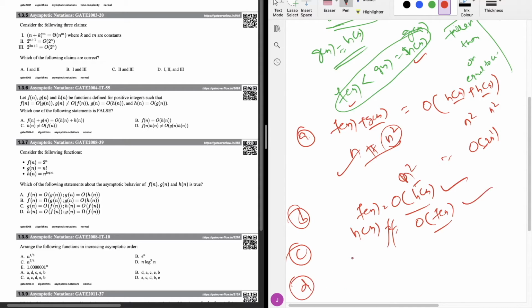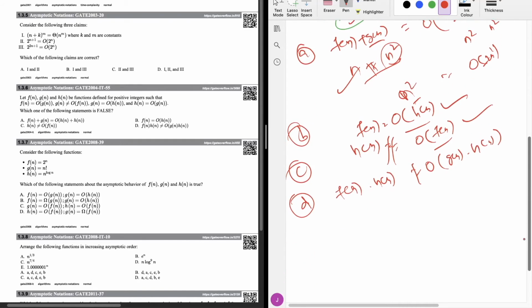Then option D is the answer, but for completeness' sake, let's check it. f(n) times h(n) not equal to big O of g(n) times h(n), right? Let's take the same example. Can I take n times n squared here? Yes, obviously I can.